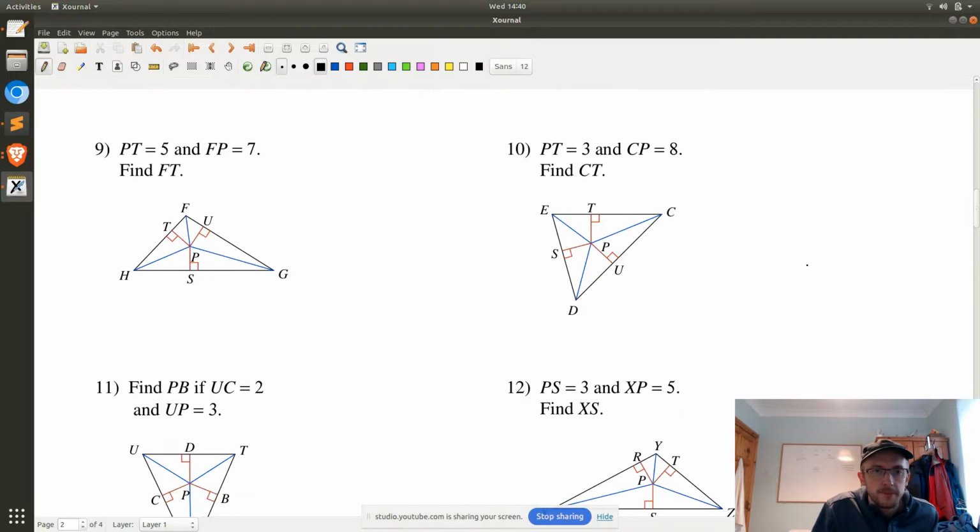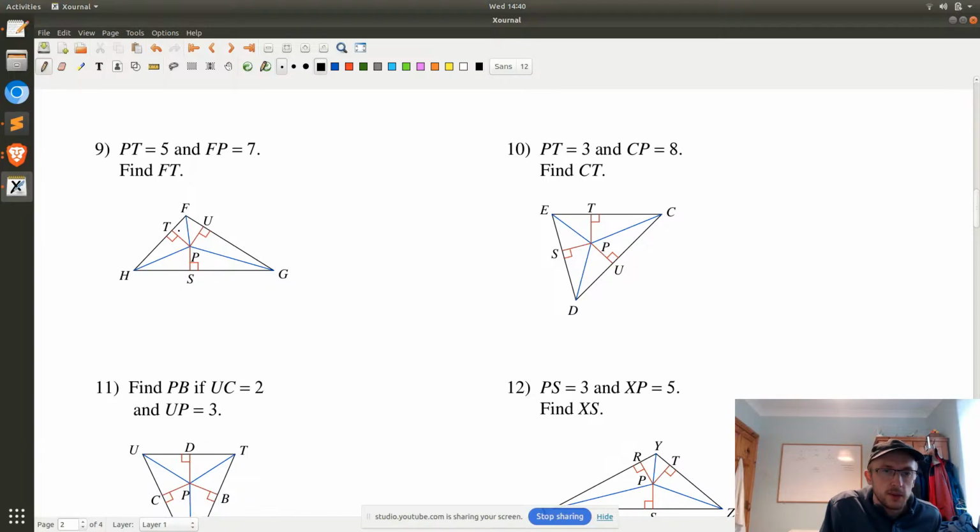And here we go. PT is 5. And FP is 7. So find FT.